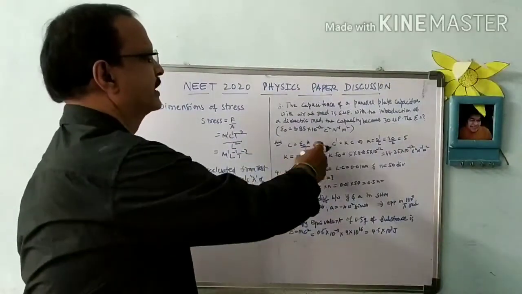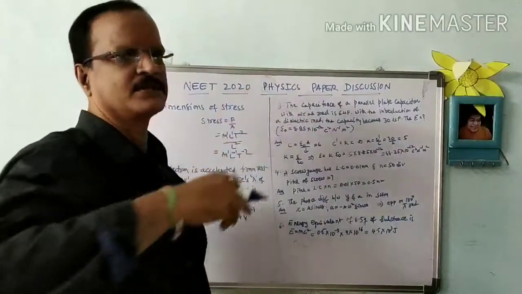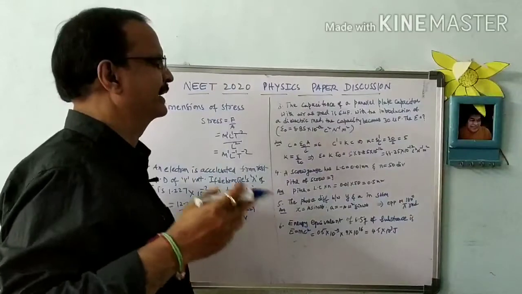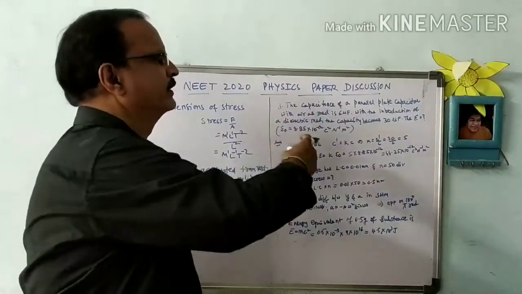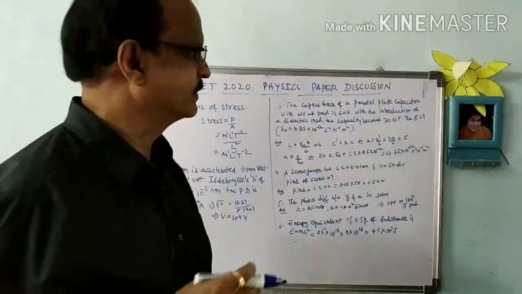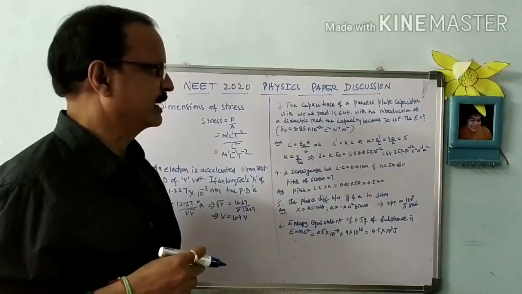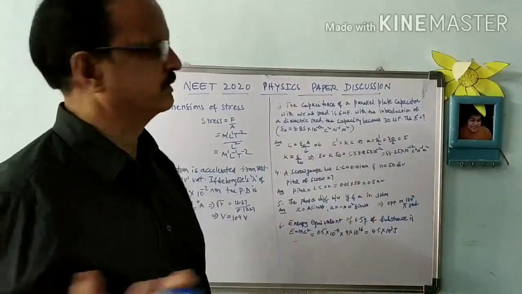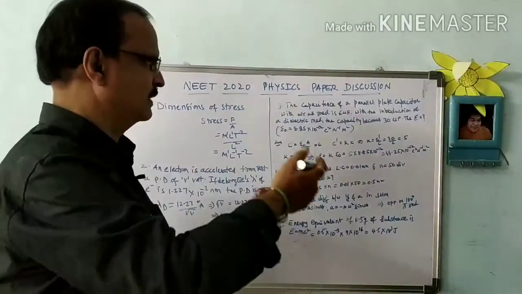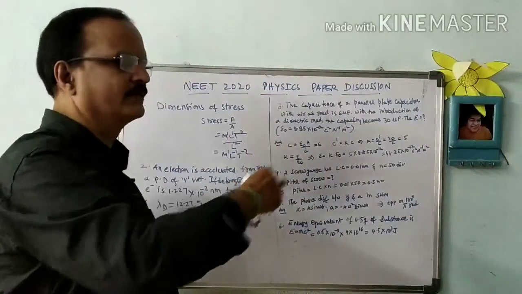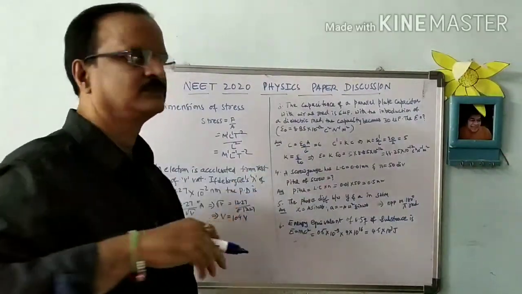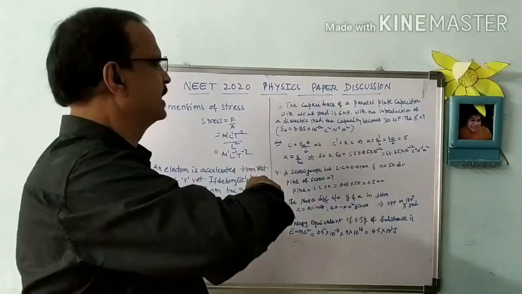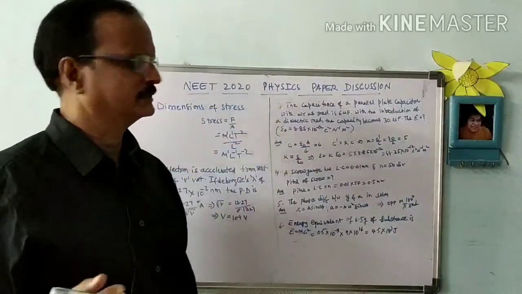When a dielectric is introduced, the capacitance increases by K times. So C dash is equal to K times C, or K is equal to C dash by C. C dash is given as 30 and C is 6. So 30 by 6 will be 5. So K is equal to 5. Now K can be defined as the ratio of epsilon by epsilon naught.